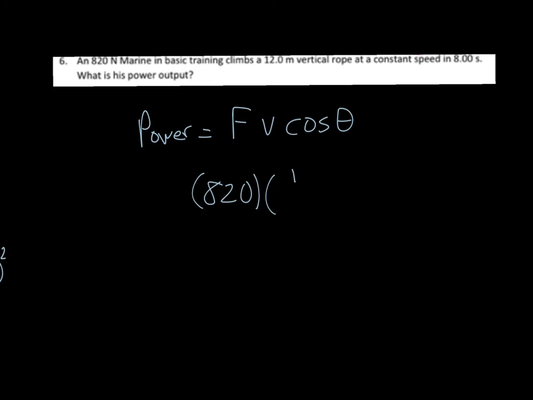So his position is 12 and his time is 8. And then the cosine theta, that's just going to be 1 because he's traveling upward, and the direction of the force is the same direction as where the motion is. So that would be cosine of 0 would just be 1.